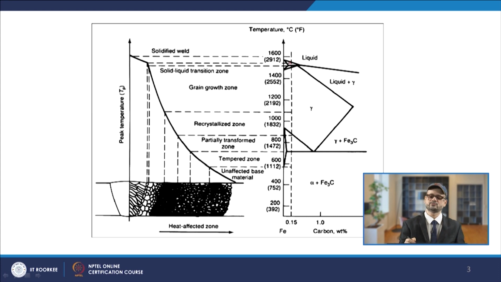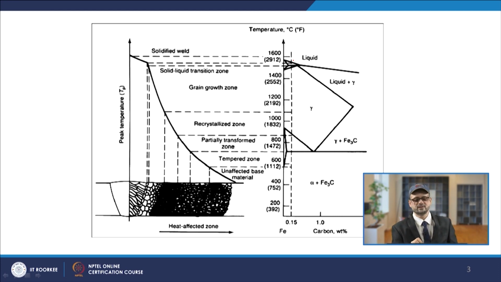Once it comes below this temperature you will have some solid plus liquid zone formed. So, for this composition of steel, from this zone to this zone, that is solid plus liquid. And then, based on that, you have different zones which are shown.